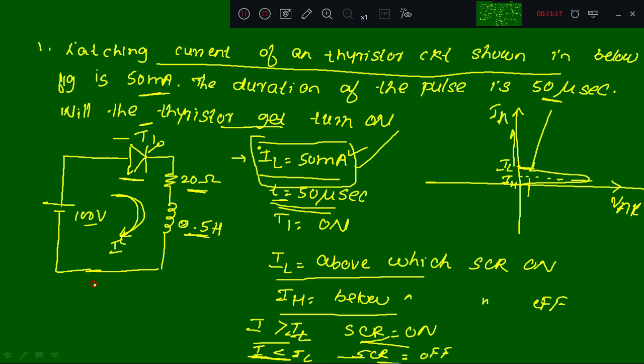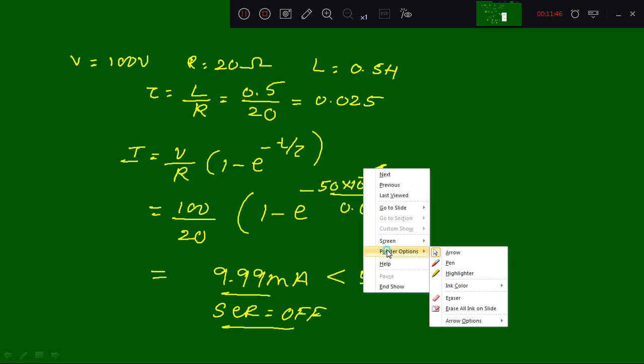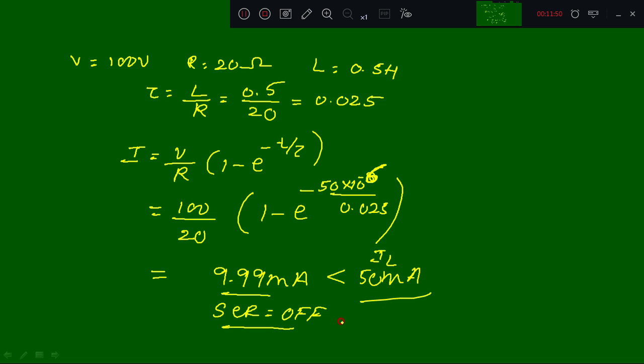The current is given by I equals V by R into 1 minus e raised to minus t by tau. V is given as 100, R is given here as 20, t is given as 50 microsecond, and tau I am supposed to calculate. Tau is L divided by R. Substitute this here and find the current. If we find the current, it becomes 9.99, which is less than the latching current, so the thyristor or SCR is off.